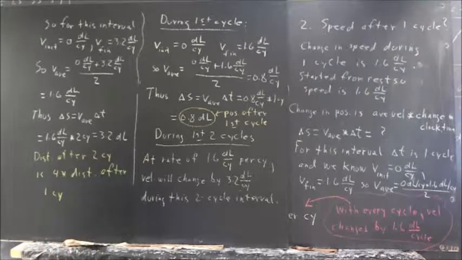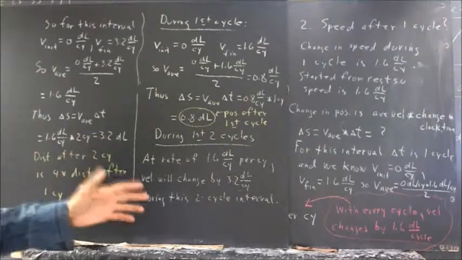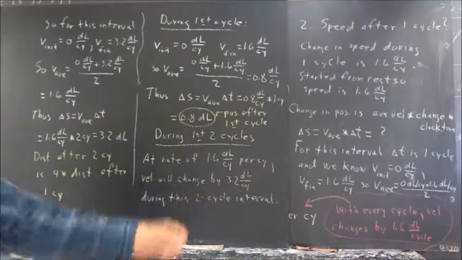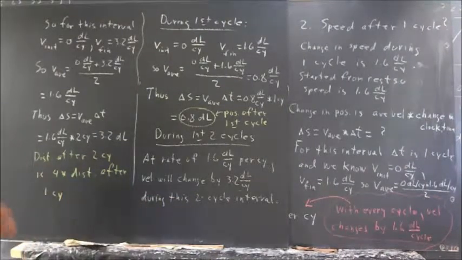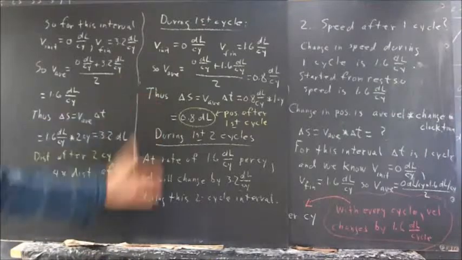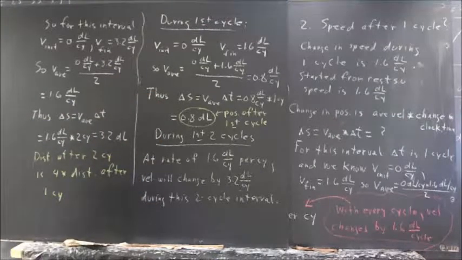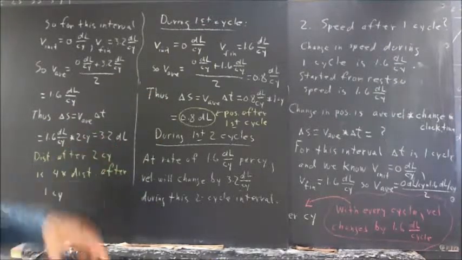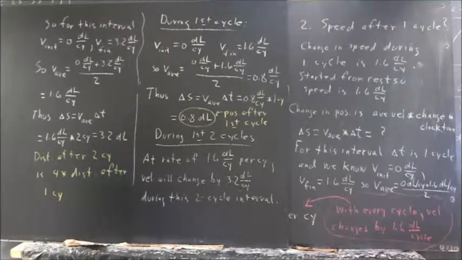That's part of your assignment, to finish the problem, which asks you to calculate the positions at the end of the 3rd and the 4th cycles. Of course, we know at the end of the 5th cycle, you will have traveled the entire 20 domino lengths. It wouldn't hurt to use this reasoning, though, to confirm that, to give you a little bit more certainty in the process that you're using to reason it out.